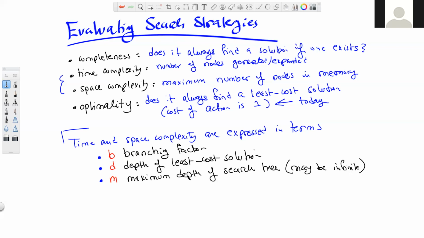Okay, I need to do one last thing and we're ready to go: an observation about trees that will help us express time and space complexity. But someone is asking, why is it the least cost solution? Is it because we want to stop our expansion once we find one? Yes, in a sense. We mentioned this last time.